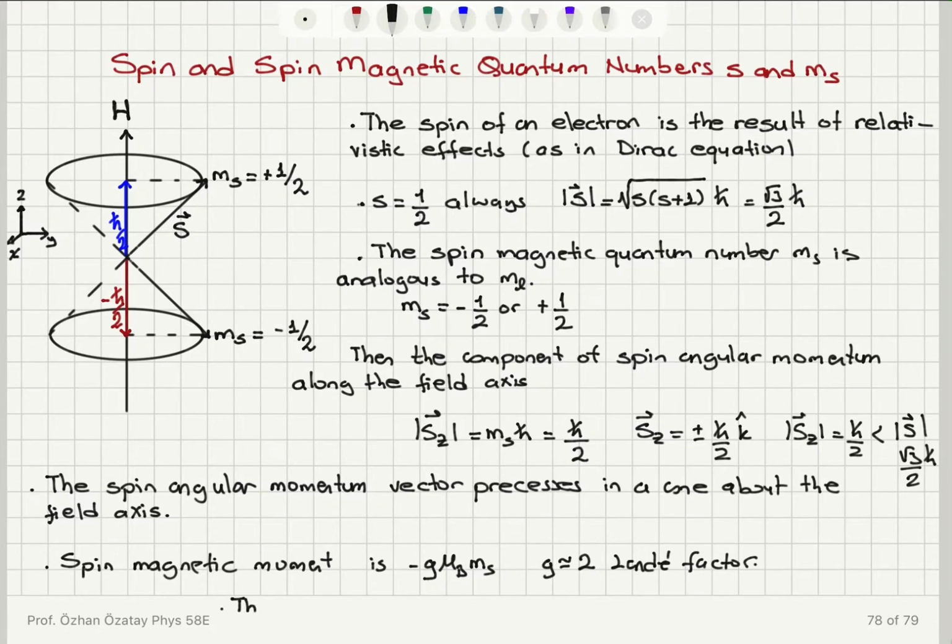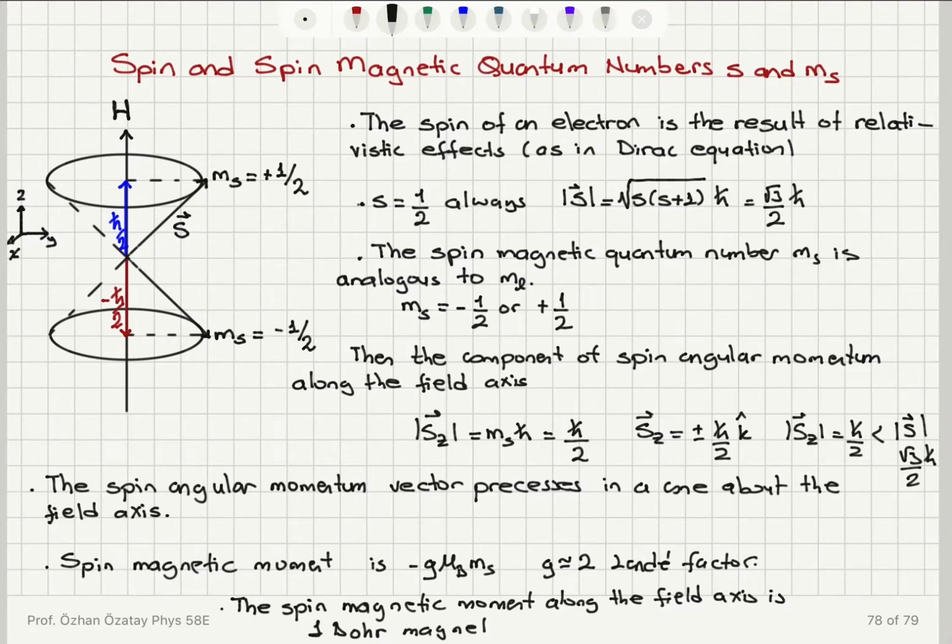So the spin magnetic moment along the field axis is 1 Bohr magneton.